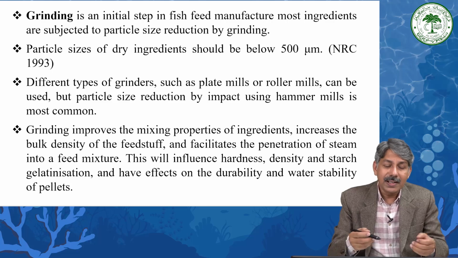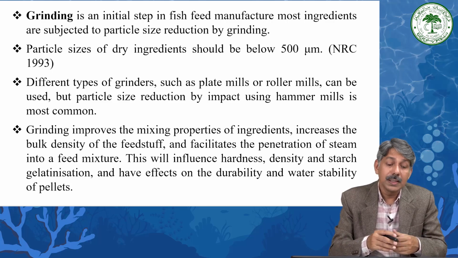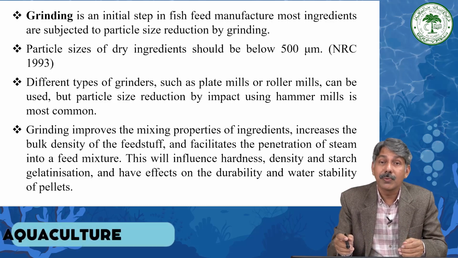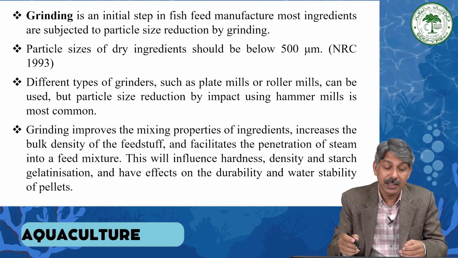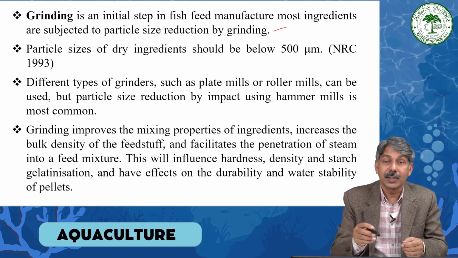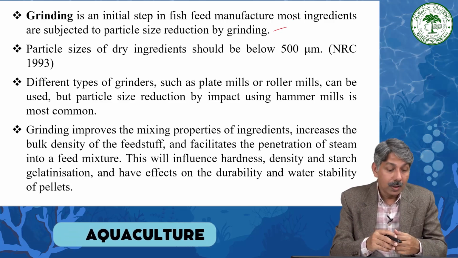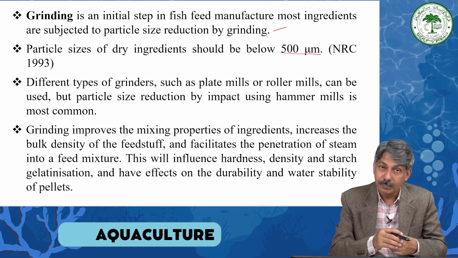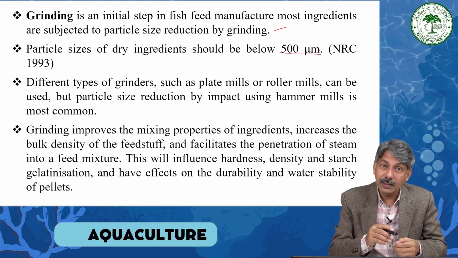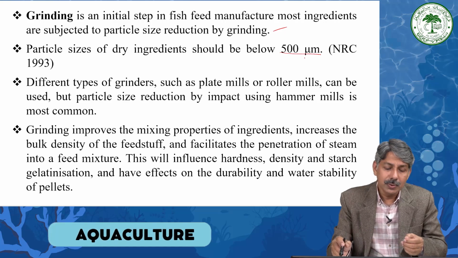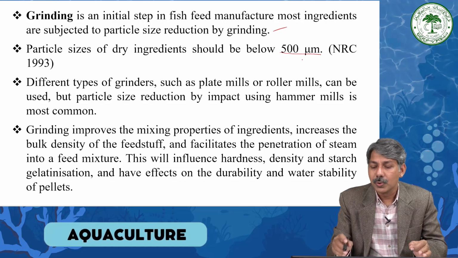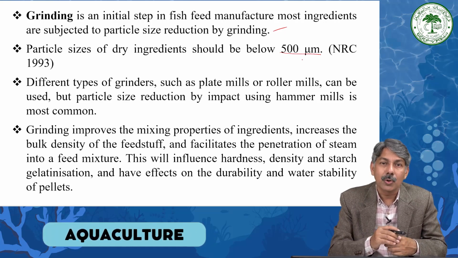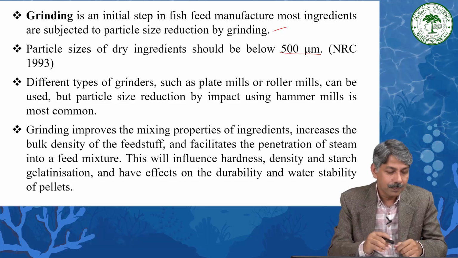Now, grinding is an initial step of fish feed manufacture. Most ingredients are subjected to particle size reduction by grinding. Particle size of dry ingredients should be below 500 micron, so while grinding, take care that you grind them to 500 micrometers or less.